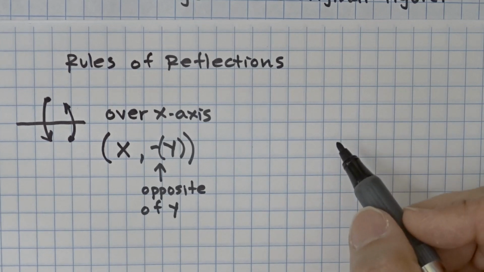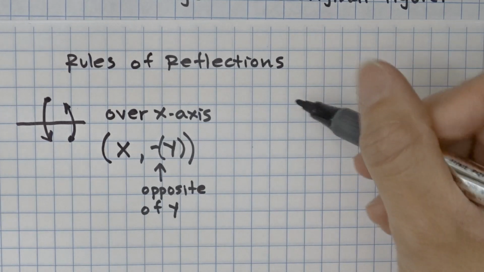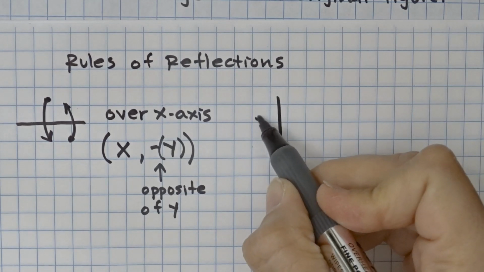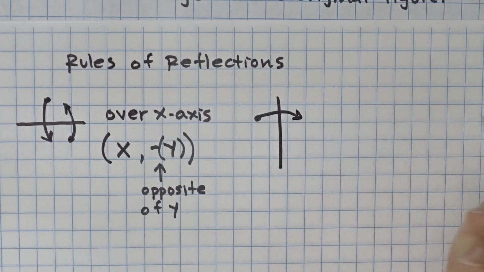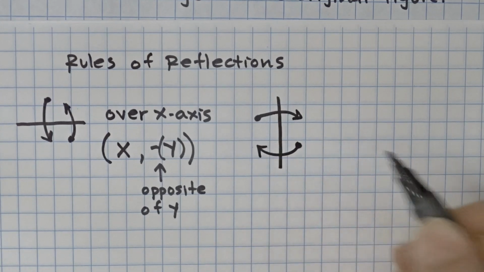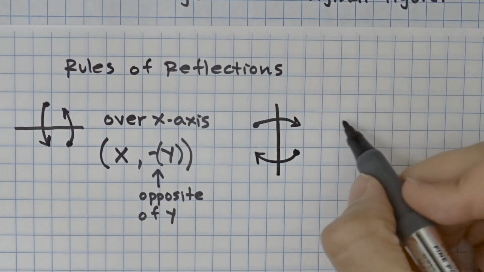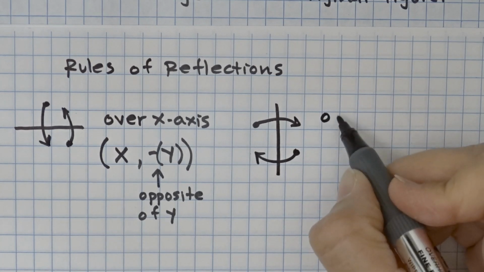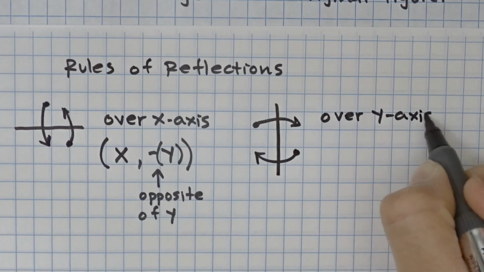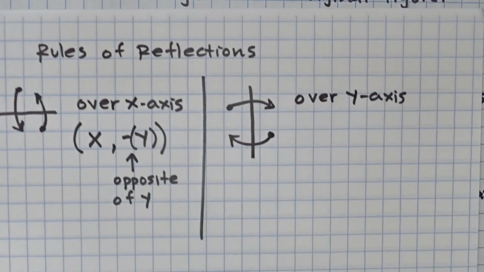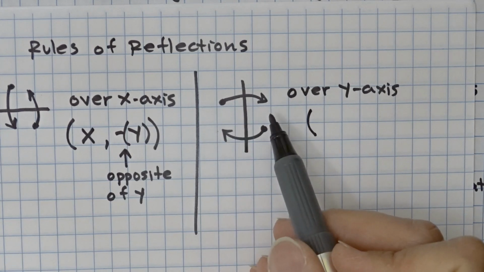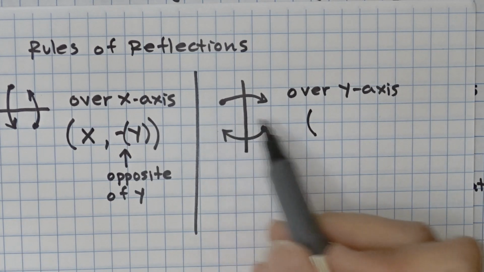And so now let's see what it looks like over the y-axis. That means you have a point on the left side, it's going to reflect over to the right, or you can have some point on the right side reflecting to the left. And that's going to be over the y-axis. So when you're reflecting over the y-axis, you're making a horizontal shift, a horizontal change.